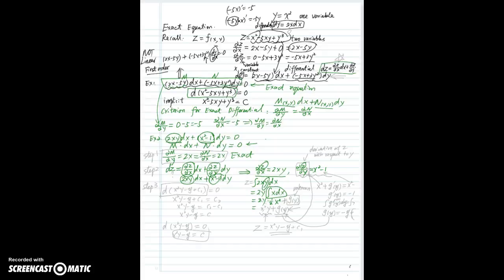This means the derivative of z with respect to y. We treat y as a variable, x as constant. That's why the derivative of x squared y is equal to x squared. And the derivative of g of y, we don't know what g of y is, so I have to just write it down, the derivative of g of y.